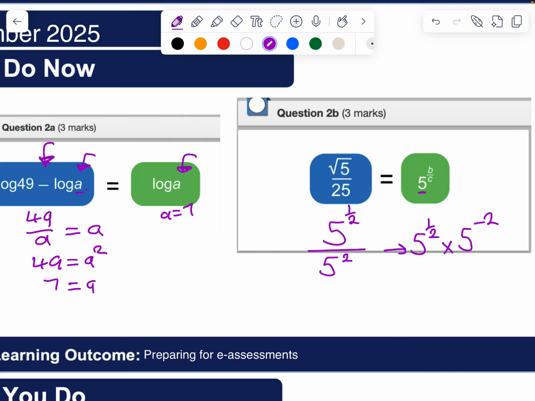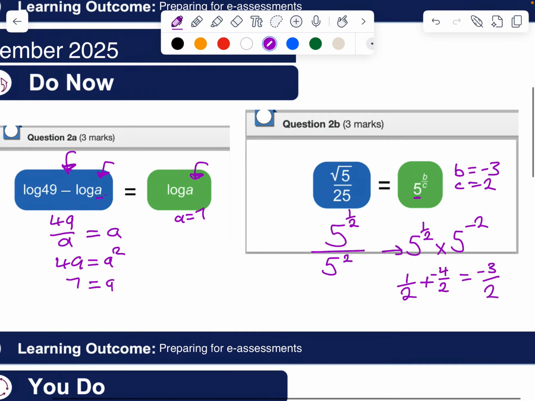So now the base is the same. We just look at the powers. So a half add negative 2. You do have a calculator, but you might want to change that to 4 over 2, might make it a bit easier, and then you just subtract the top. So we're going to be left with negative 3 over 2. So B is negative 3 and C is 2.